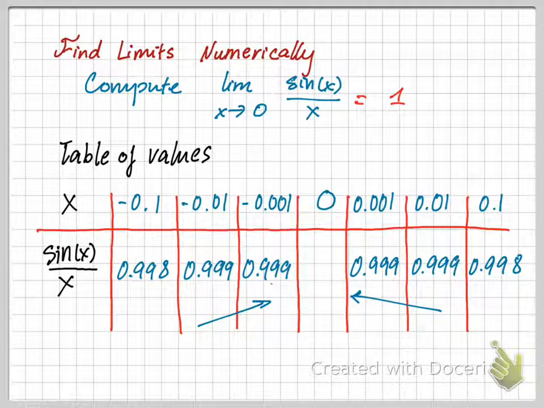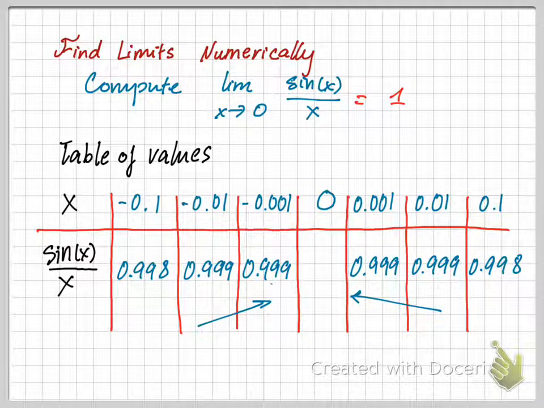Since our point of interest is 0, we put 0 in the middle, and then we pick a few points on the right and a few points on the left that are very close to 0, but not 0.